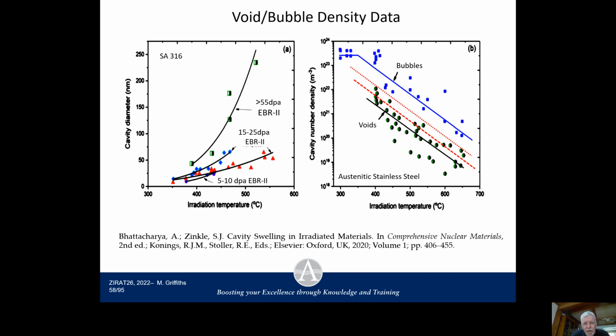In effect, bubbles have a lot of helium in them, and voids don't have too much helium in them. So voids are closer to a thermal equilibrium state and bubbles are closer to a non-equilibrium state.